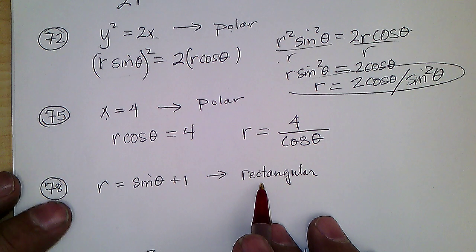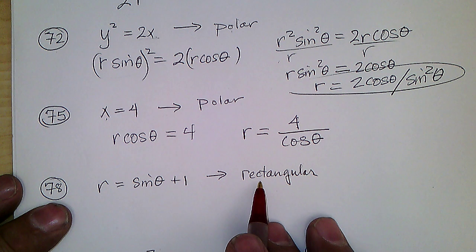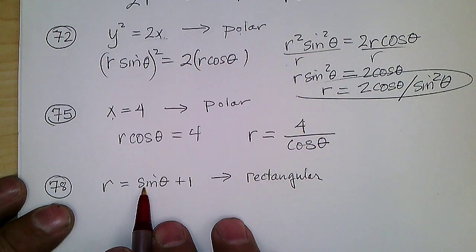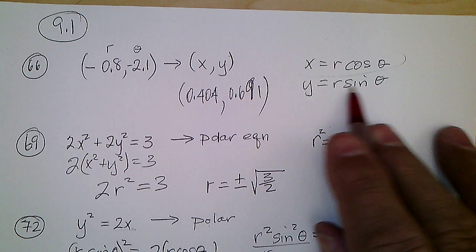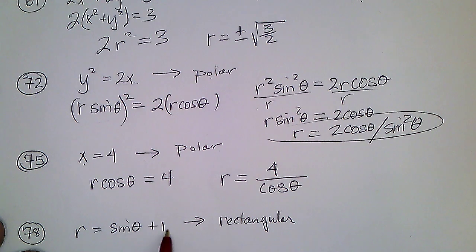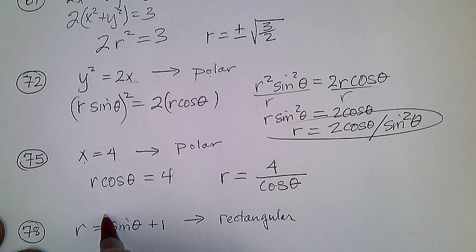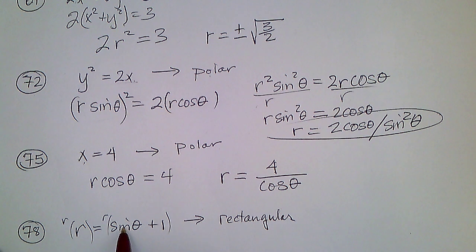Change this one to rectangular. Well, sine theta isn't easy to change. R sine theta is. So if I multiply this side by r and this side by r, then I would have r sine theta.